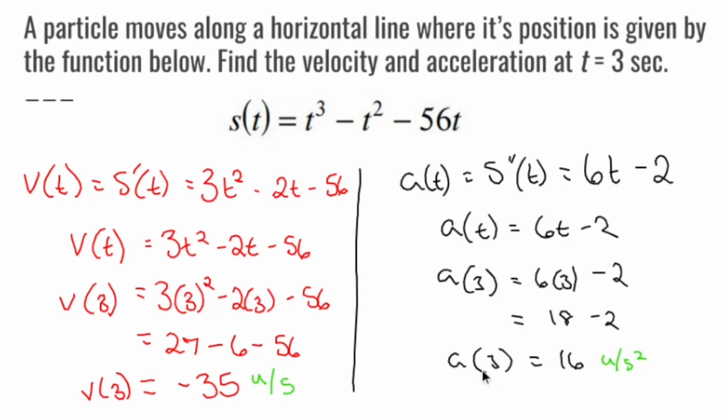I'm accelerating. I'm going faster, but I'm going backwards while doing it. So in a second, I'll be going negative 38 miles an hour or something like that. But acceleration is positive, which means I'm speeding up while going backwards. That is how we do this problem, and that is the velocity and acceleration example done.